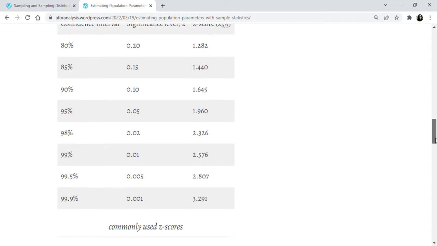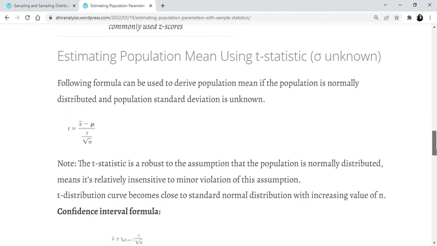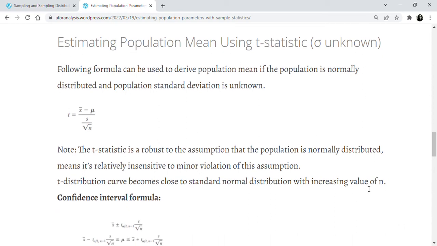And the next use case is estimating population mean using the t-statistic, where the population standard deviation is unknown. The formula looks almost the same, the only difference is that instead of the z-score, we use the t-distribution or Student's t-distribution, the t-score. There is a t-table.